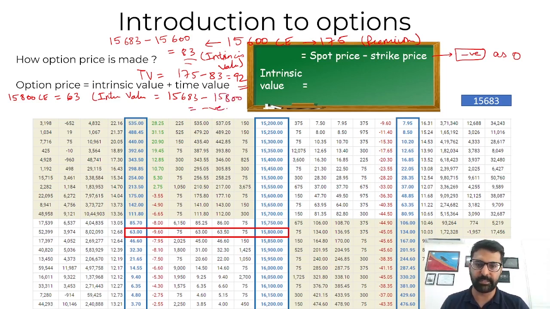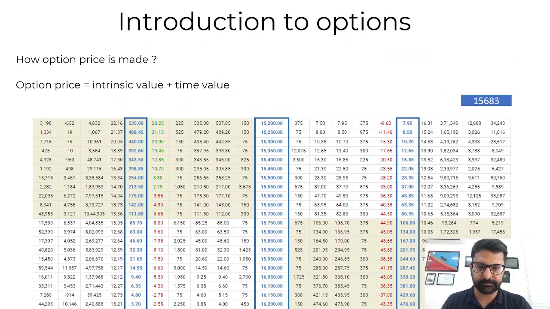So since it's negative, we'll take it as 0. So in this case, the intrinsic value is 0 and the entire premium is only the time value. So intrinsic value is equal to 0 and time value is equal to 63. Right? I hope this is clear, how we are calculating the intrinsic value and the time value.